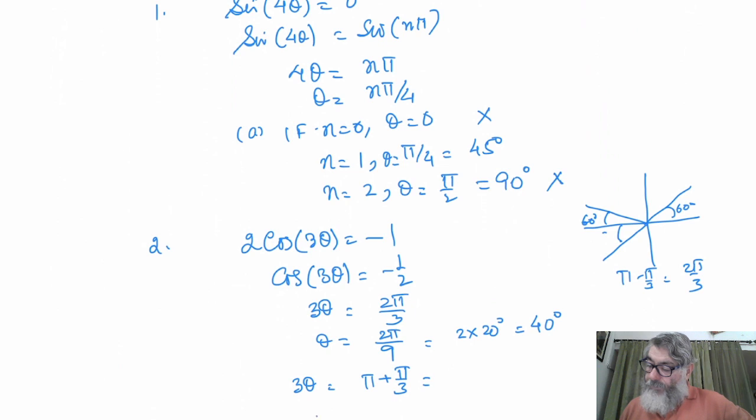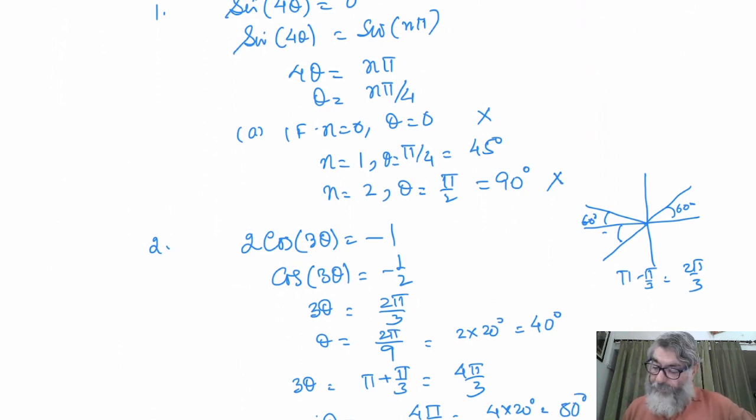Now it will become 4 pi by 3. Theta will be 4 pi by 9. 4 into 20, 80. So this is acceptable.